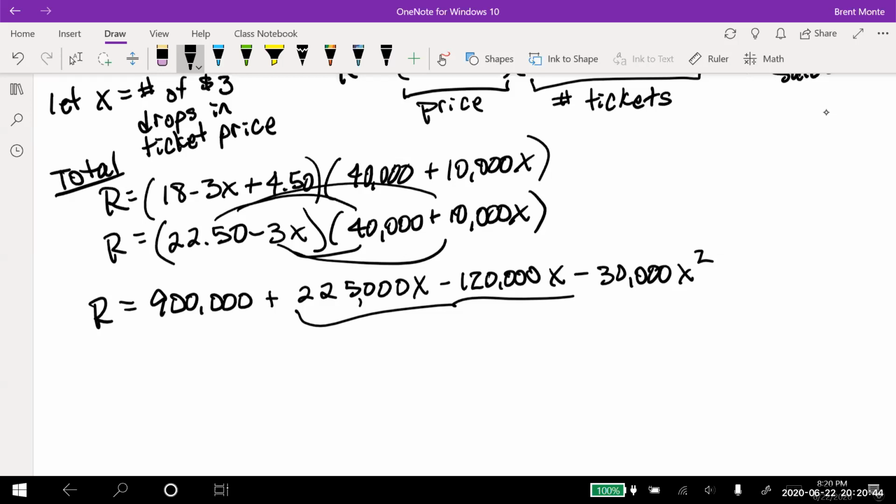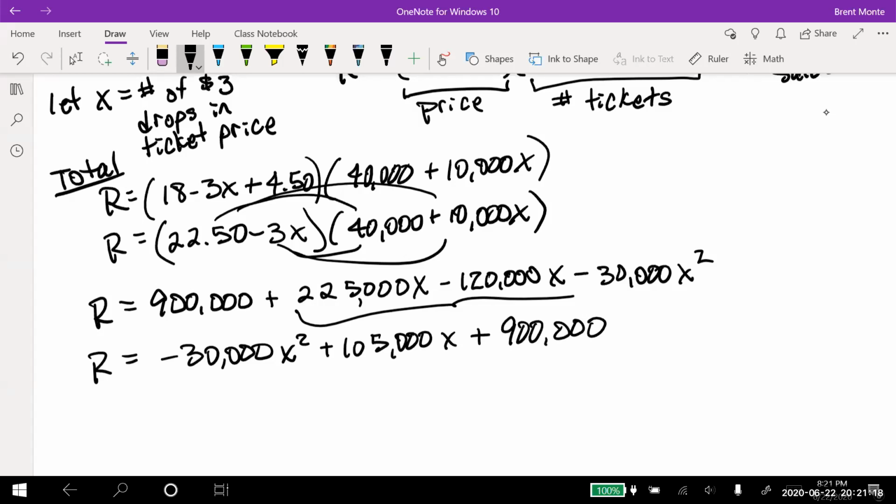I'm just checking my calculation on my calculator, and I get 105,000, which is what that says, but I did the other one so that I didn't make any stupid algebra mistakes. So negative 30,000x squared plus 105,000x plus 900,000. Again, that 900,000 is the constant.